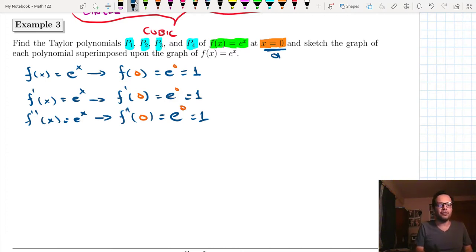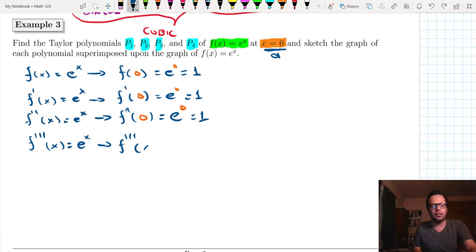Notice I'm taking continuous derivatives, and again the third derivative. Will I ever stop doing this? Yes, I will stop doing this. How many derivatives are they asking us to take? Well, in this case, they're asking us to find all the way up to the 4th degree polynomial. So we are going to stop at the 4th order derivative.